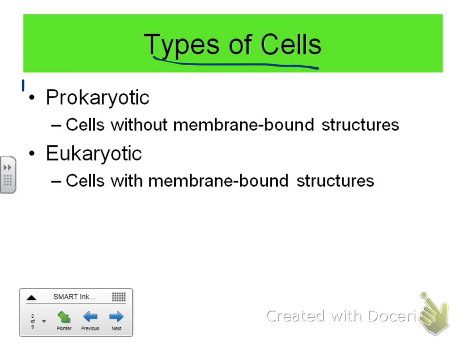All right, and so there are two main types of cells. All right, and I want you to make sure that you do define those. So make sure you write down the definition, and I just would write a little note to yourself.